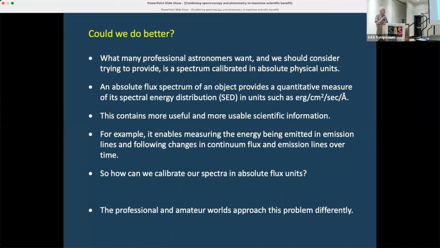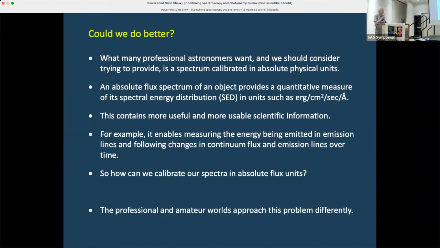This contains more useful and potentially more usable scientific information. It enables measuring spectral energy being emitted in emission lines to be produced, or perhaps monitoring changes in continuum flux over time. Because you have the absolute information you need to do that.